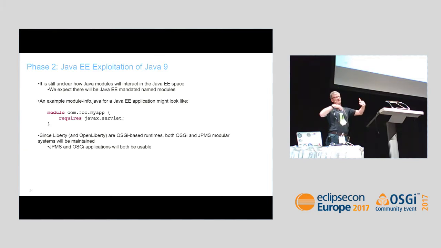But just to think about it for a little bit, we started wondering, if we were to define modules for Java EE, if we want to call it 9, what would be a module name? Maybe it would be called javax.servlet to match the servlet specification. It hasn't been decided yet.